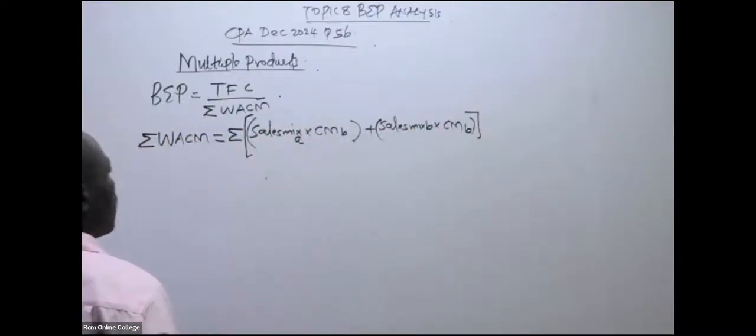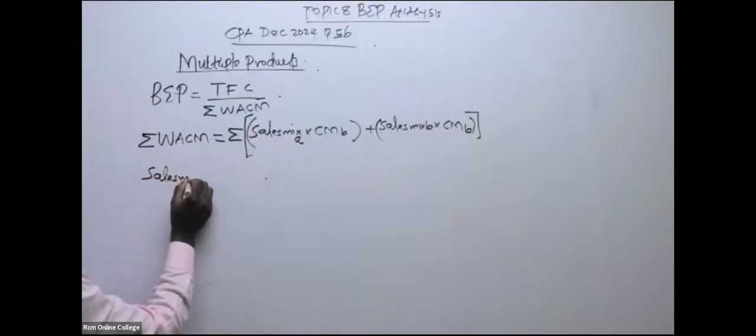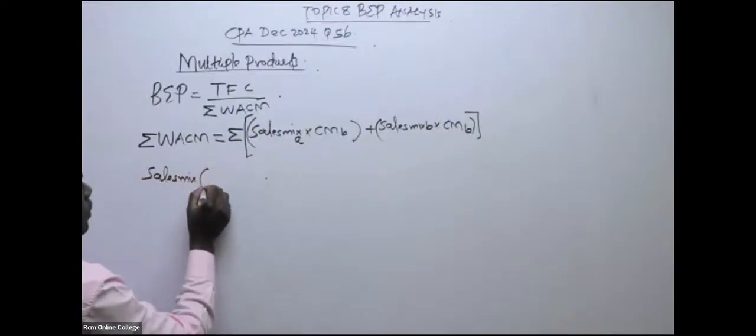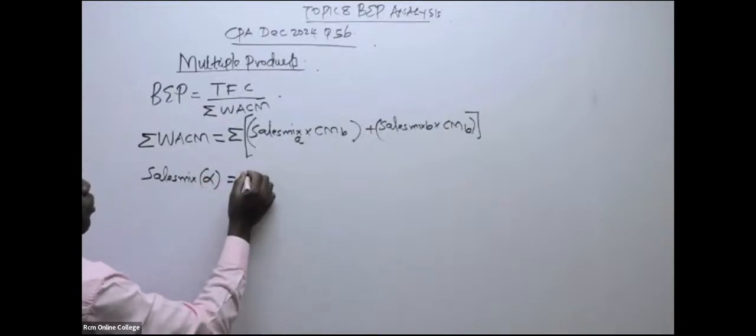Good. Then, how do we get the sales mix ratio? Another name for sales mix is alpha. So how do we get the sales mix ratio?